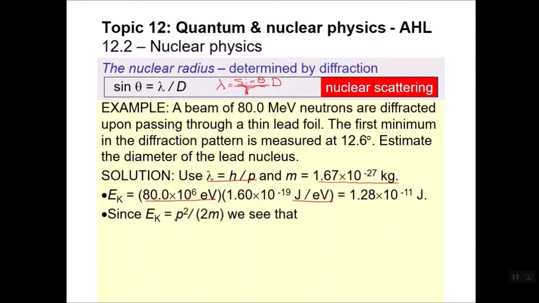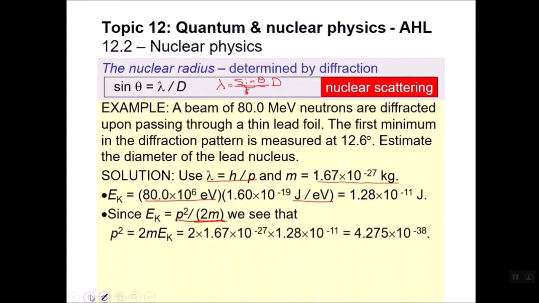Okay, this is the kinetic energy of a neutron that is moving really fast based on its momentum. And so we want to calculate its momentum.